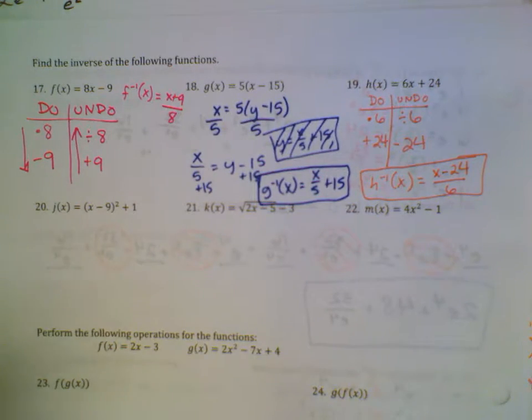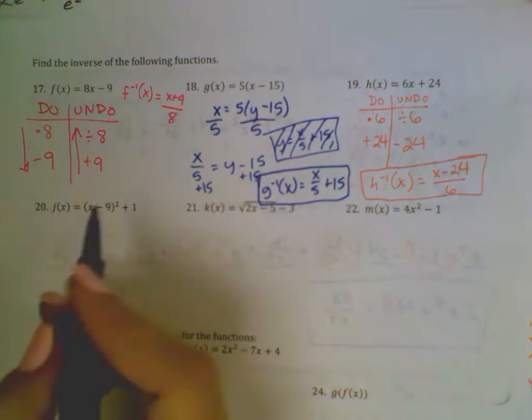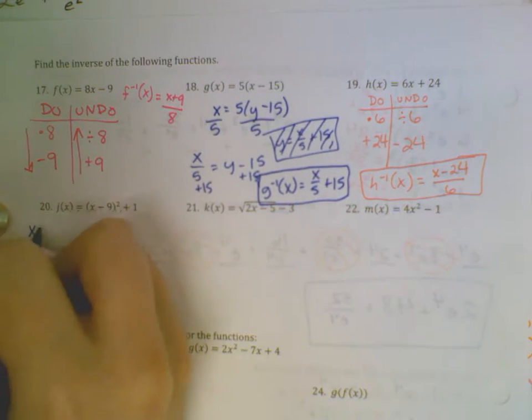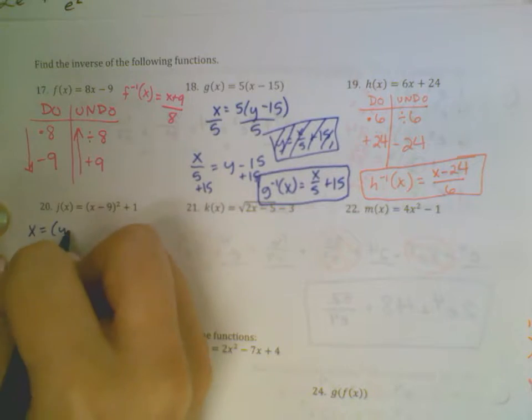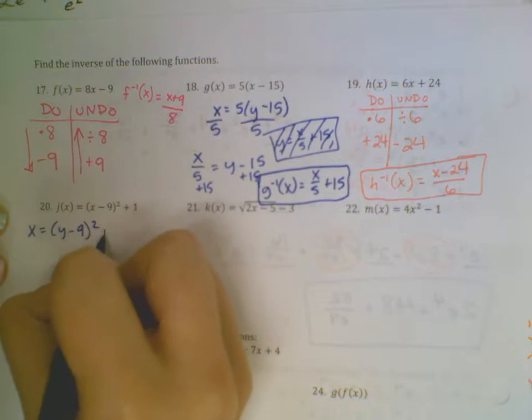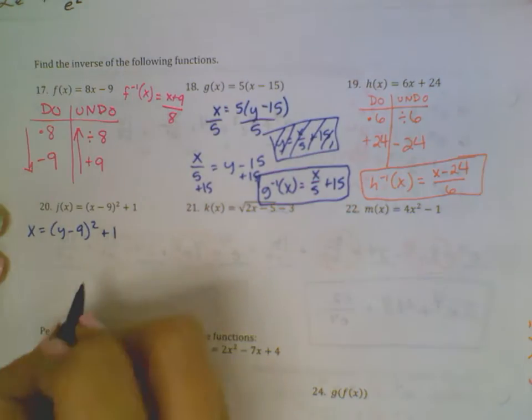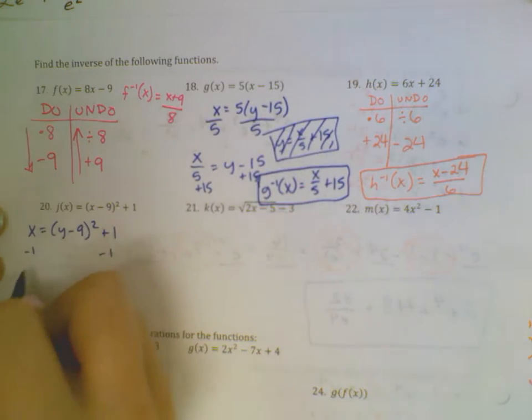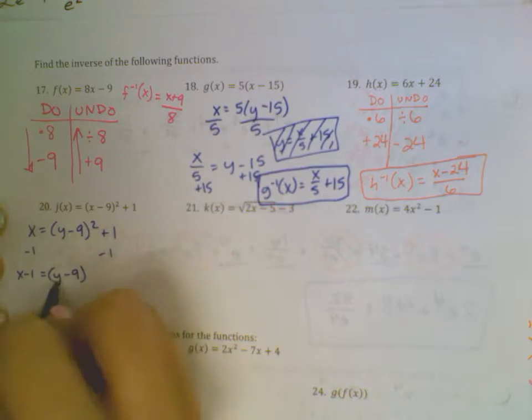For number 20, we will do switching our x's and y's. So we'll get x equals y minus 9 squared plus 1. First thing I'll do is subtract 1 from both sides, and I'll get x minus 1 equals y minus 9 squared.